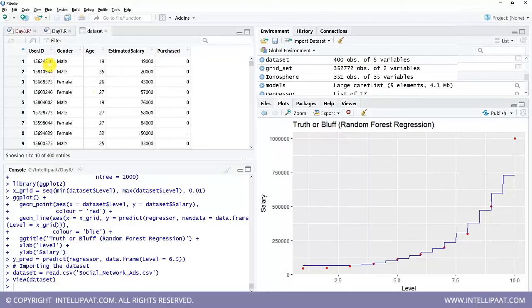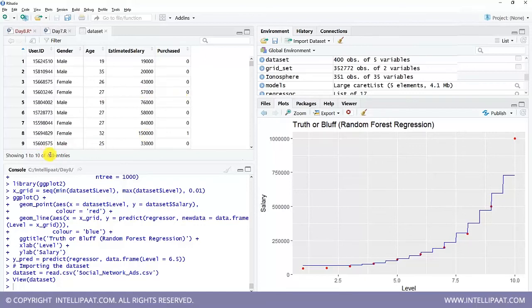Based on age and estimated salary, we are going to decide whether the customer is going to purchase or not. If the customer is a 19-year-old guy with an estimated salary of 19K, based on this I want to predict whether he will be purchasing or not. These are actual figures. In future, we'll be given a particular age and salary, and I need to make a prediction whether he's going to make a purchase or not.